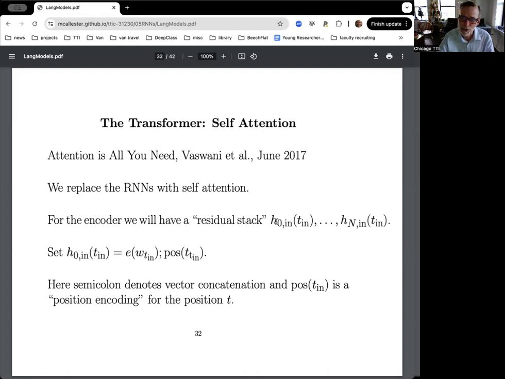The input is a sequence of words, a sequence of tokens. So this has a vector at every input position. I'm using T in to mean a position in the input sentence. So at every position in the input sentence, I've got an input vector, H0 in.